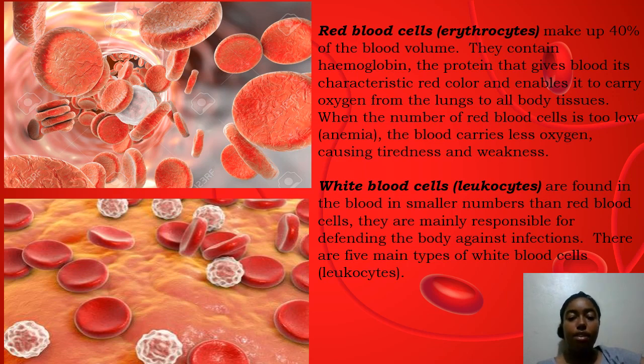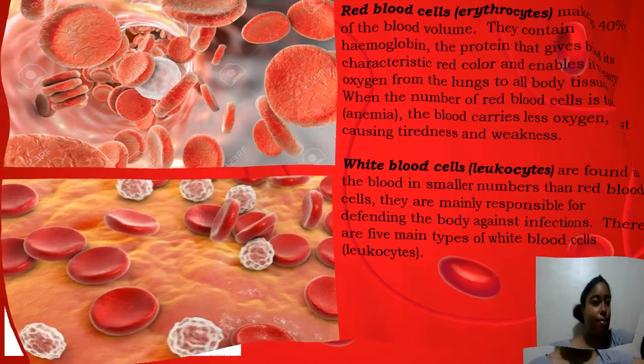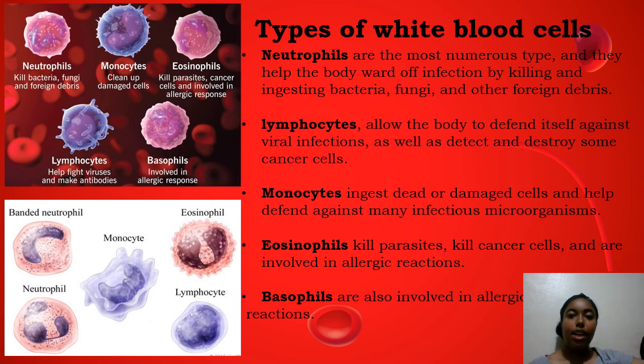There are five main types of white blood cells, or leukocytes. Neutrophils are the most numerous type, and they help the body ward off infections by killing and ingesting bacteria, fungi, and other foreign debris.